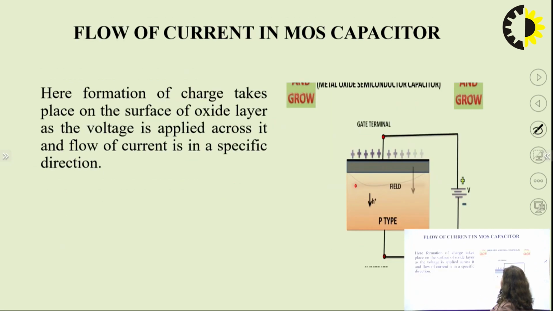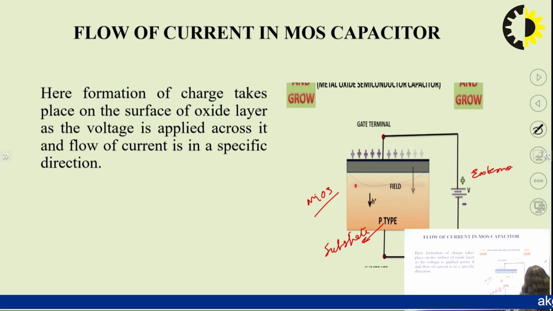Next we have the flow of current in the MOS capacitor. Here formation of charge takes place on the surface of the oxide layer as the voltage is applied across it, and the flow of current is in a specific direction. We have a particular MOS structure here, and we have a P type substrate. We have applied an external voltage, an external battery, and the gate terminal is here.